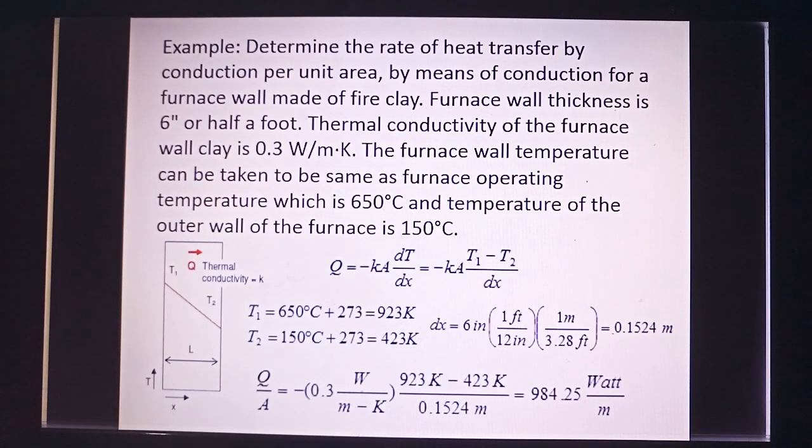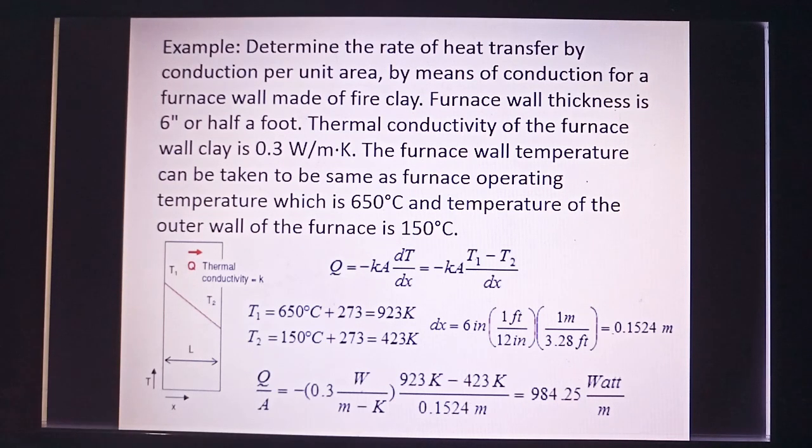Now we have here an example of solving heat by means of conduction. Determine the rate of heat transfer by conduction per unit area for a furnace wall made of fire clay. So for example, this is our furnace wall.